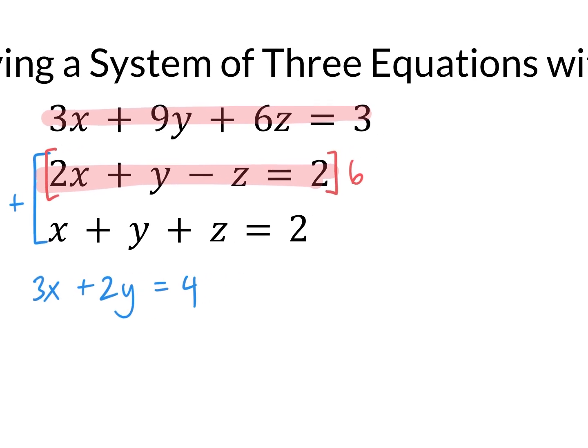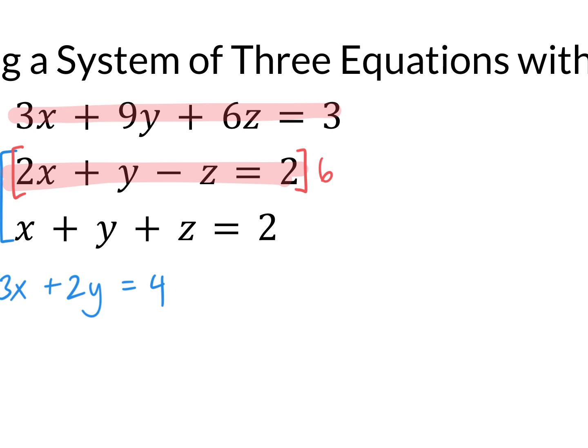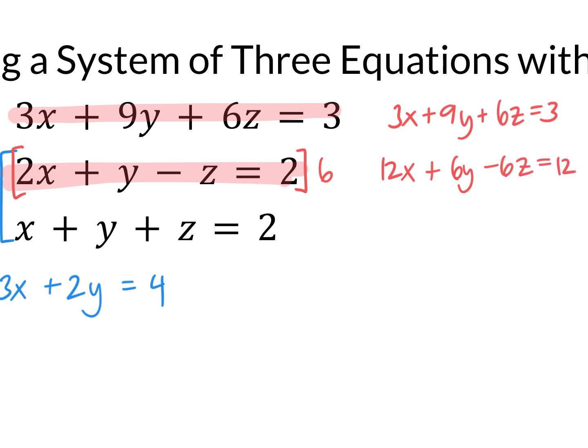I'm going to rewrite these equations off to the side here. So I'm going to rewrite the first equation, and then that second equation I'm multiplying by 6. So I'm going to have 12x plus 6y minus 6z equals 12. Okay, so my z's, they're gone.